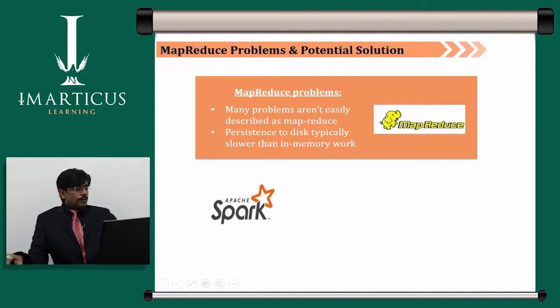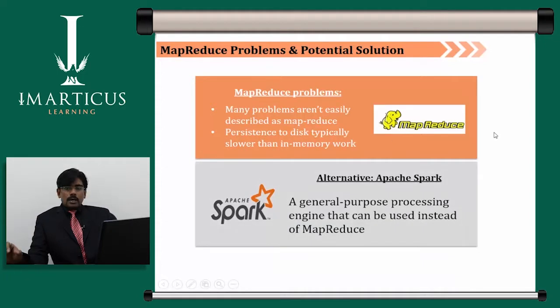The solution for this problem was given by Apache Spark, which is a general purpose processing engine that can be used instead of MapReduce. What Apache Spark offers us is in-memory computing. What exactly is in-memory computing? It means you need not store the data in your regular storage.